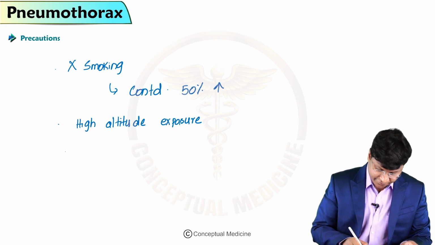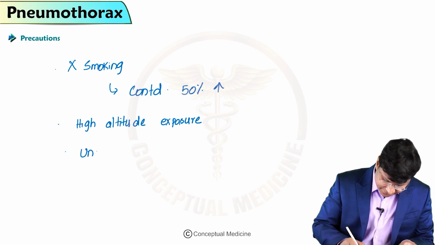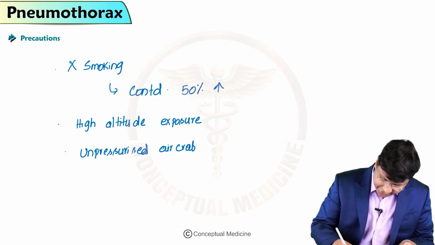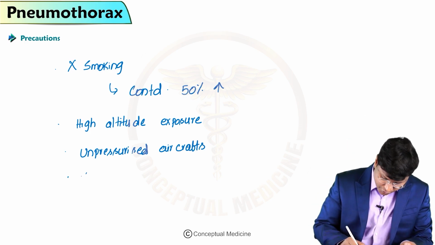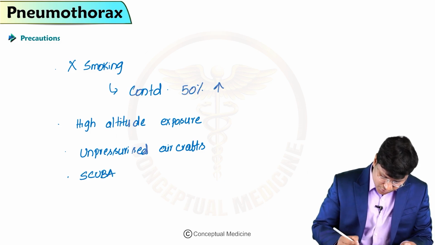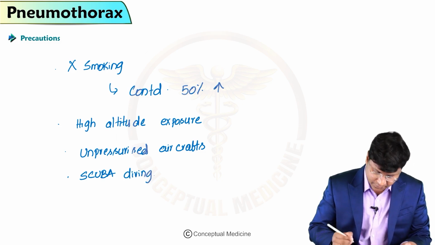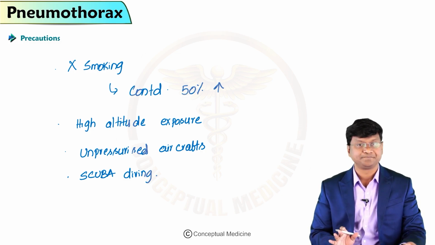Next, flying in unpressurized aircrafts, right, that should be avoided. And third, scuba diving should be avoided, right? The scuba diving should be avoided. So these are the precautions that have to be given to the patient.